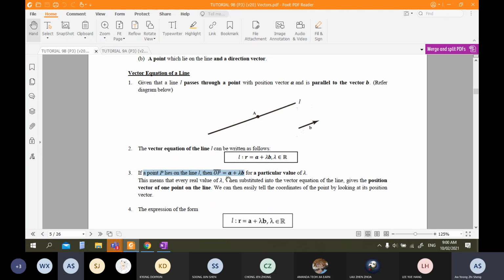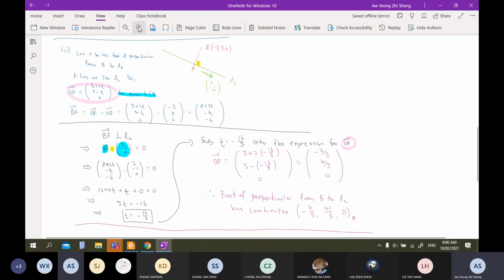You can replace R by OP because let's recall the idea of the vector equation of a line.